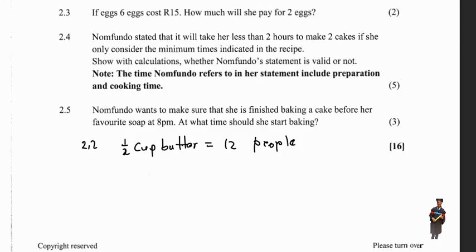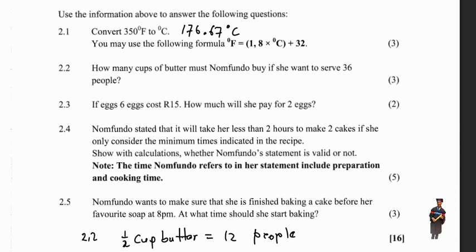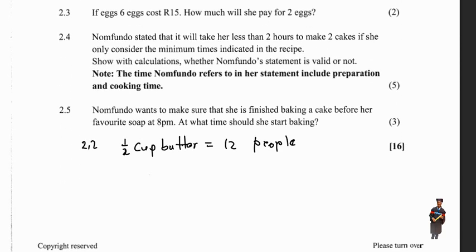I prefer cross multiplication, because we have people and we have cups of butter. So we want to solve for 36 people. Yes, the question says 36 people. So we write 36 people under 12 people, and then we want to find the equivalent of 36 people.